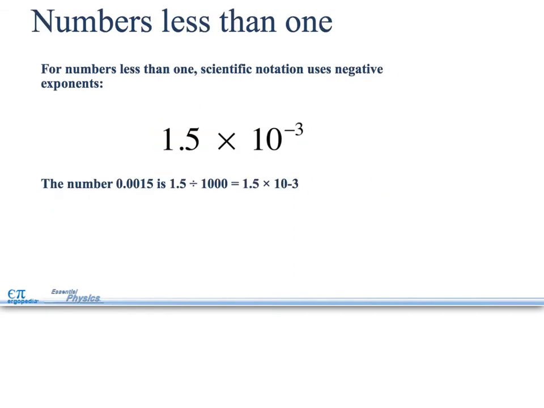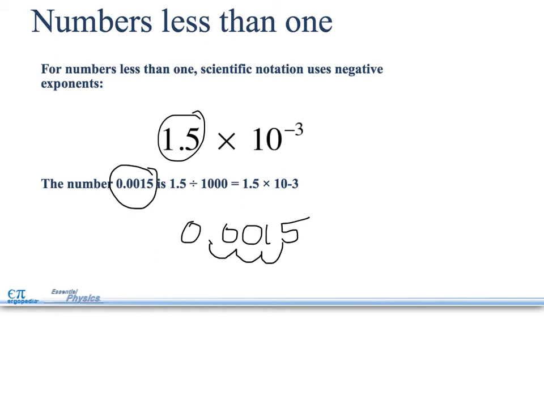All right, for numbers less than 1, scientific notation uses negative exponents. The number here is 0.0015. So my first number here is 1.5, and then I have 10 to the negative third. If I have 0.0015 and I want to write it in scientific notation, this is going to move 1, 2, 3 spots.